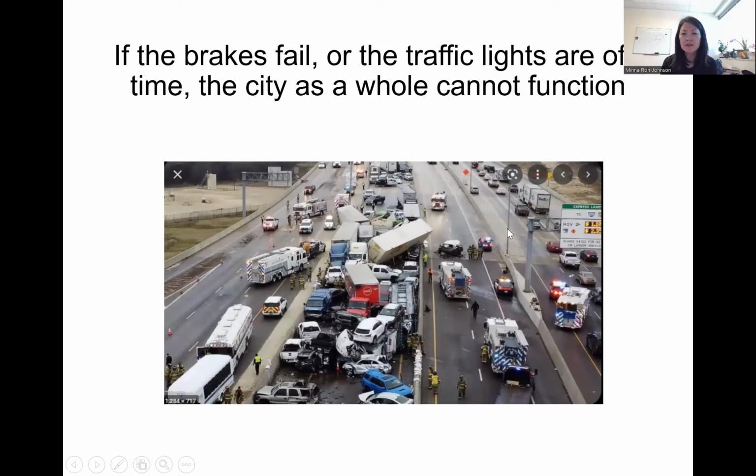So it requires precise control of all of these dynamic processes in order for the entire cell to work properly and to respond. So as you see here, in response to this many car pileup, there are emergency vehicles. So cells also have processes in place to be able to correct these sort of failures or lack of control.